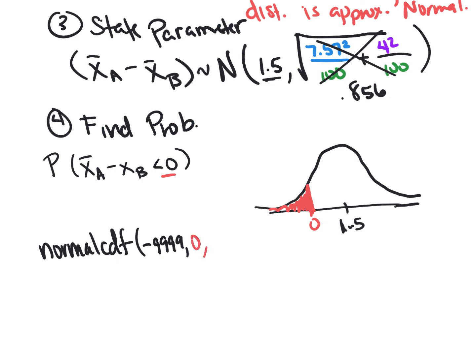Our mean is 1.5, and our standard deviation is this value that we calculated, 0.856. So when I put this in my calculator, remember I go menu 6, 5, 2. When I put in the lower bound, the upper bound, the mean and standard deviation, I get 0.0396, I think, but it's 0.04 when we round.